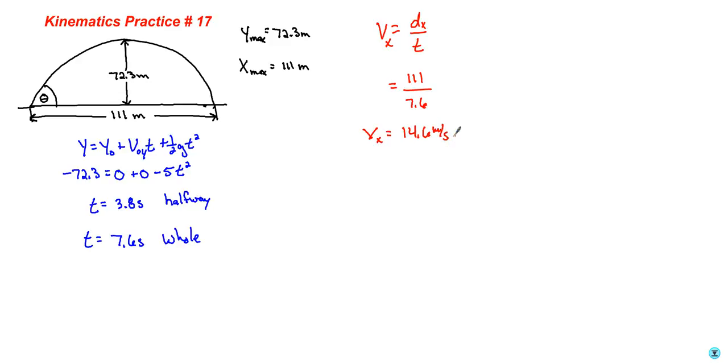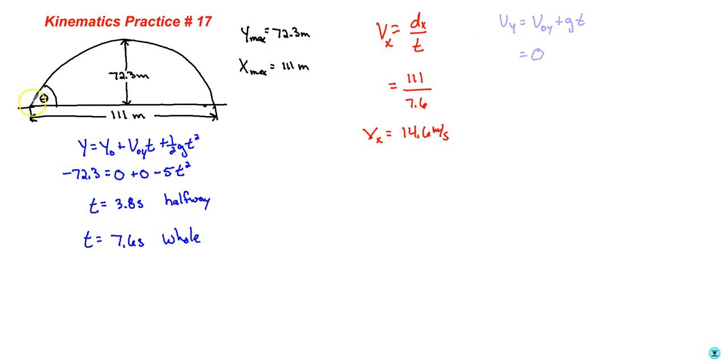So now we need to find v sub y. What we're going to do is take it from halfway again, because we know halfway stuff and it makes life easier. So v sub y is going to be equal to v sub oy plus gt. If we're taking it from the top halfway, we know that the speed there is going to be 0.